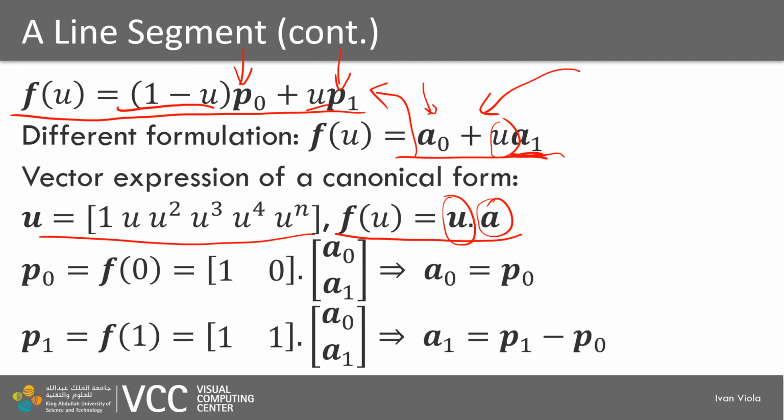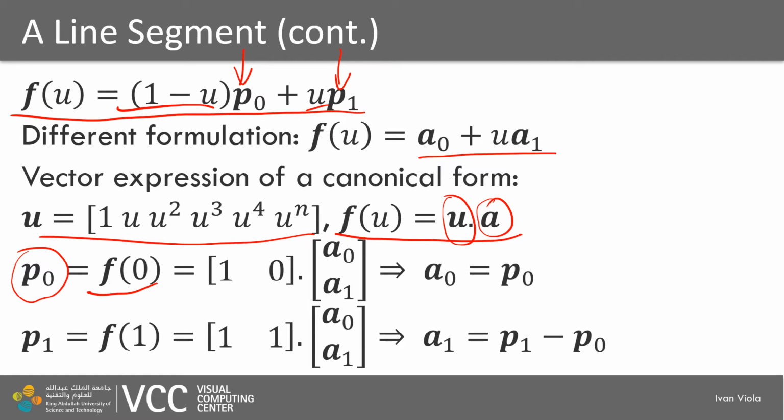Now, what we know, however, is that for our f(0), this function should be giving us the p0 point. And in this description of the a0 coefficients, this leads to that if we put in this description, let me remove some of these, into this description, we have the a0 and a1.